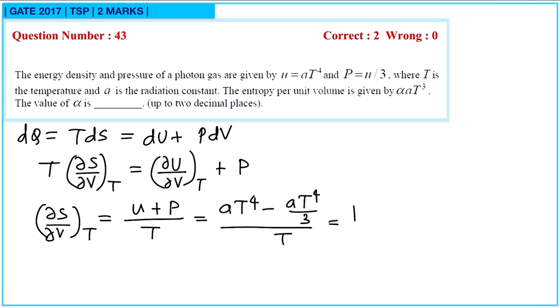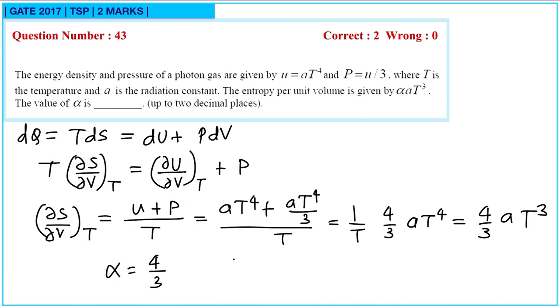So this is 1 by T into 1 plus 1 by 3, which is 4 by 3 AT raised to 4, so that is 4 by 3 AT cube. So by comparison we see that alpha is equal to 4 by 3, which is equal to 1.33. So answer is 1.33 and the answer in the answer key is 1.30 to 1.36.